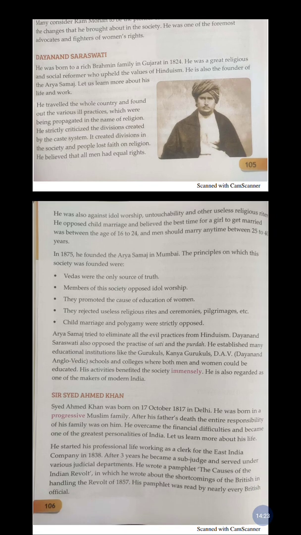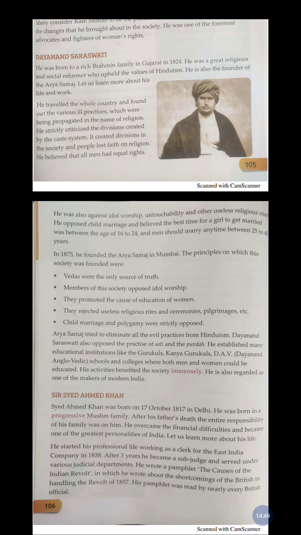Dayanand Saraswati also opposed the practice of sati and the purdah. He established many educational institutions like the Gurukuls, Kanya Gurukuls, DAV, that is Dayanand Anglo-Vedic schools and colleges, where both men and women could be educated.